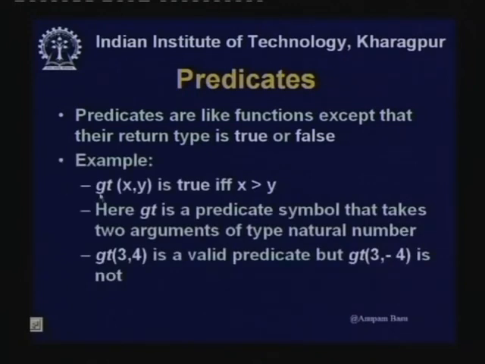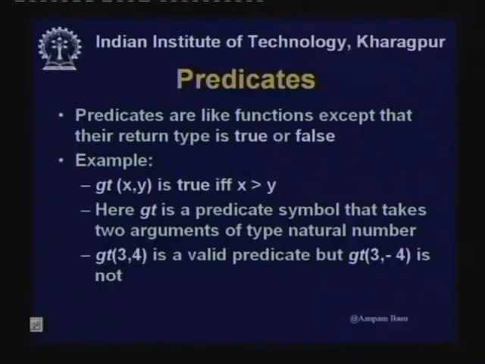Now, let us look at these examples. GT stands for greater than. Greater than x y is true if x is greater than y. Now, these are variables. You see, in propositional logic we could not deal with variables. Here in predicate logic, in functions we can have variables, and predicates being nothing but functions, we can have variables in predicates as well, and that is giving us a lot more expressive power.